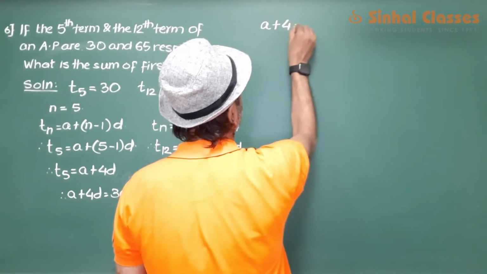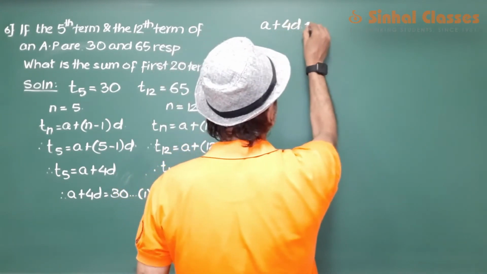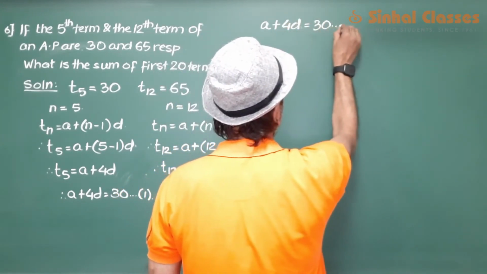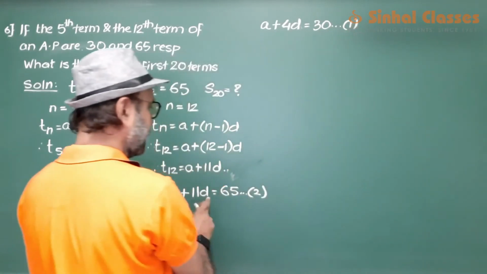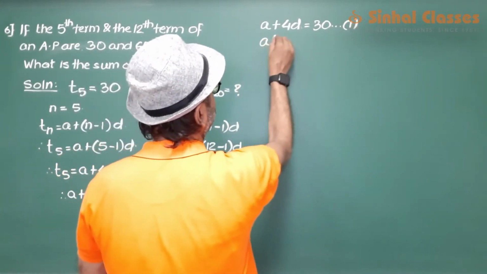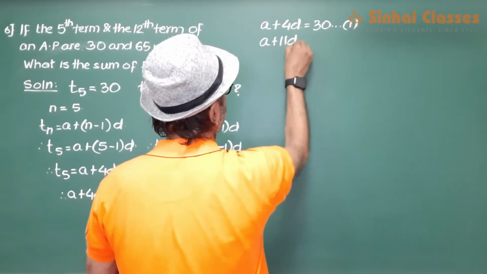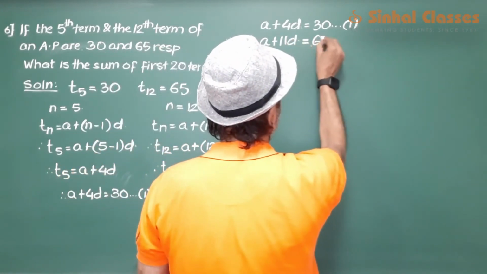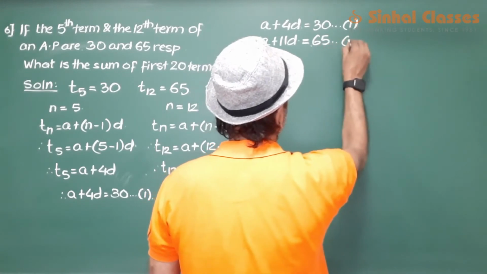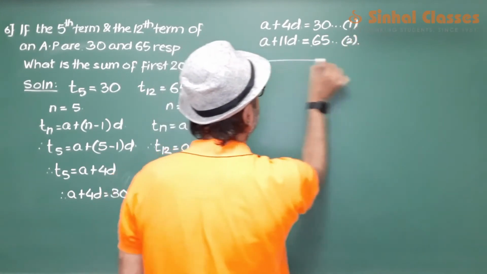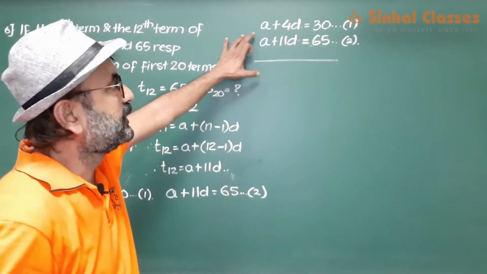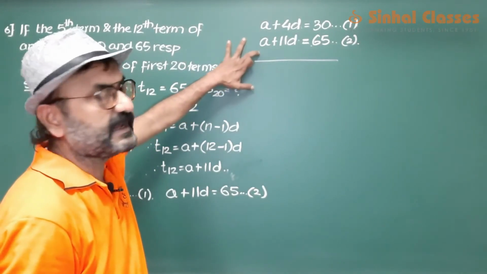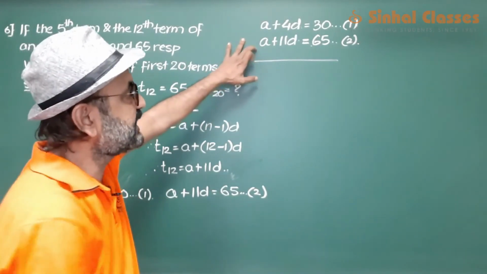A plus 4d is 30, equation 1. A plus 11d is 65, equation 2. We need to eliminate this a, so we have to change the sign.